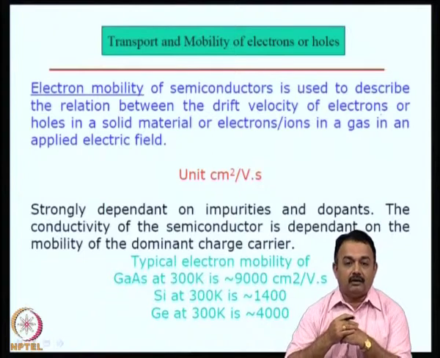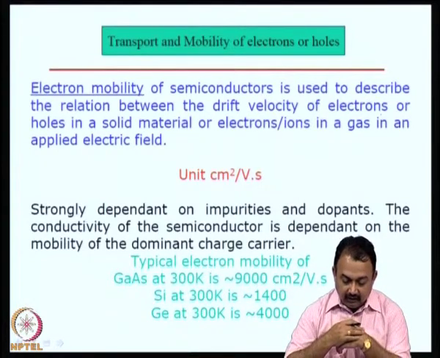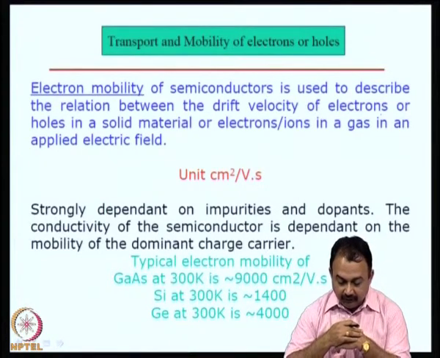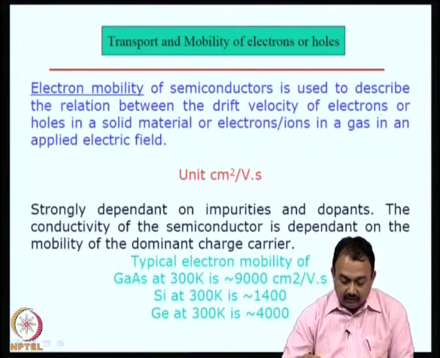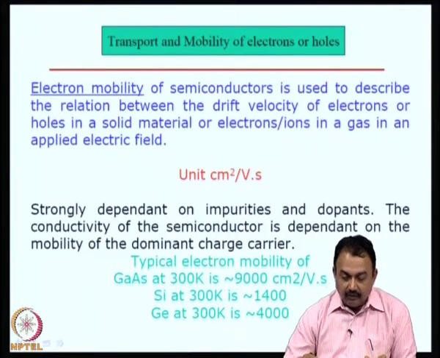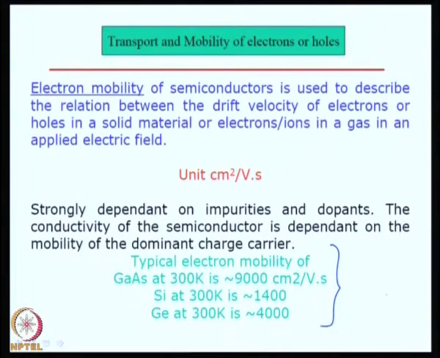So, typical electron mobility for gallium arsenide is around 9000, and for silicon at 300 K is around 1400, germanium at 300 is around 4000. So, you are going to look at this physical property when you are looking at the use of different compound semiconductors or silicon.